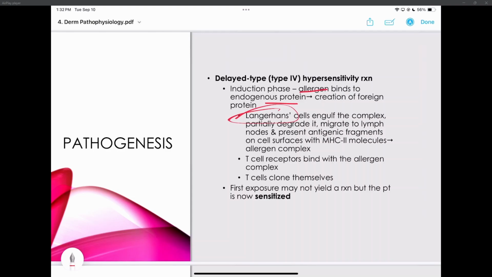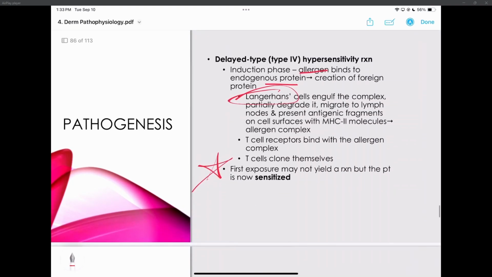They engulf the complex, partially degrade it, bring it to the lymph nodes, and present the antigen fragments so that we know what we're fighting against. T cell receptors bind, T cells clone themselves. However, the first exposure may not yield a reaction, but now you're primed for it. And then the next time you get exposed, you may have a full-blown reaction.